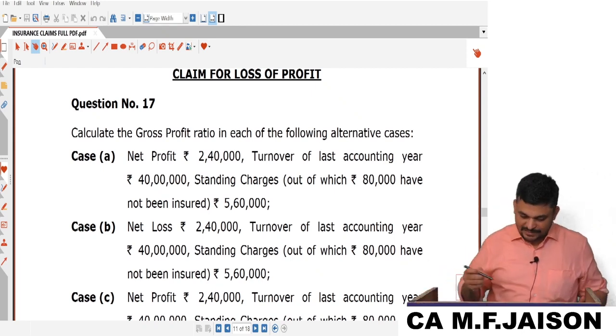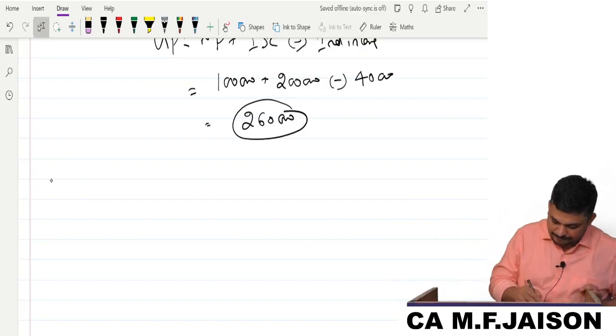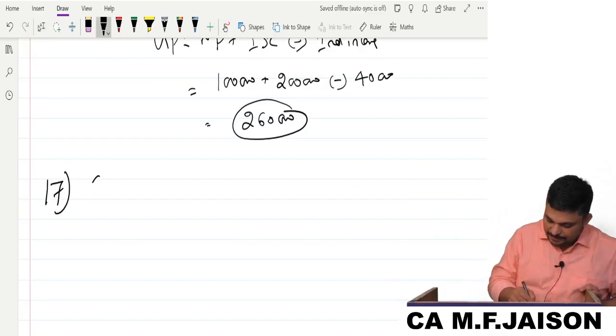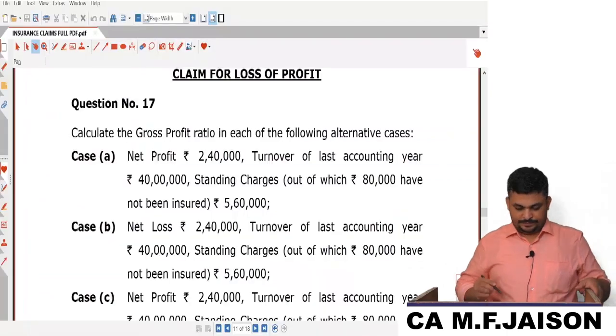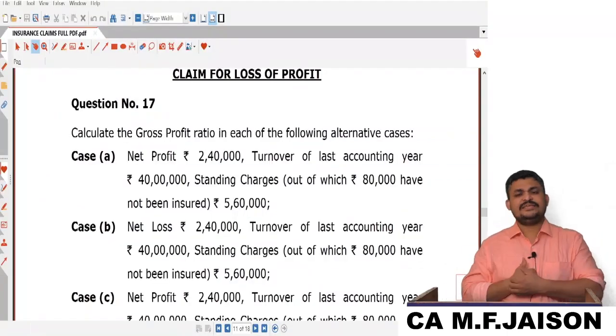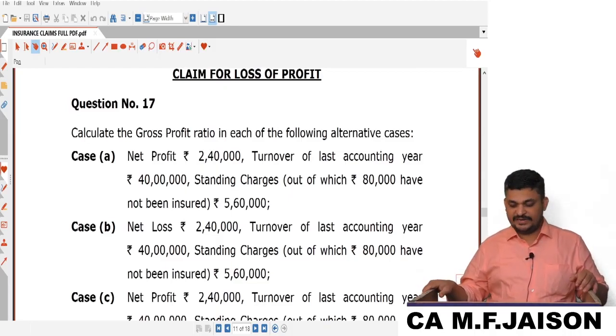Okay, so let's now proceed, my dear friends. It's question number 17. Let me take case A. Case A: net profit, find the gross profit ratio in each of the alternative cases.